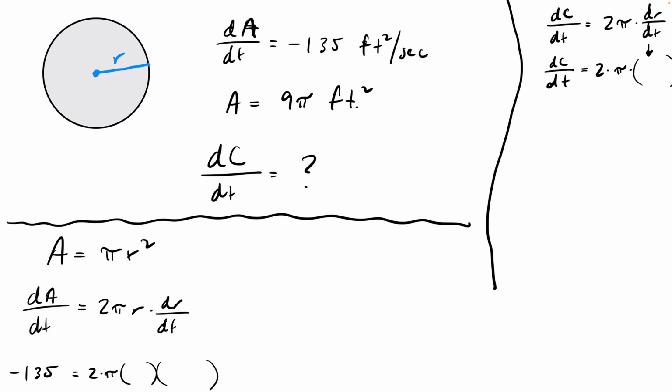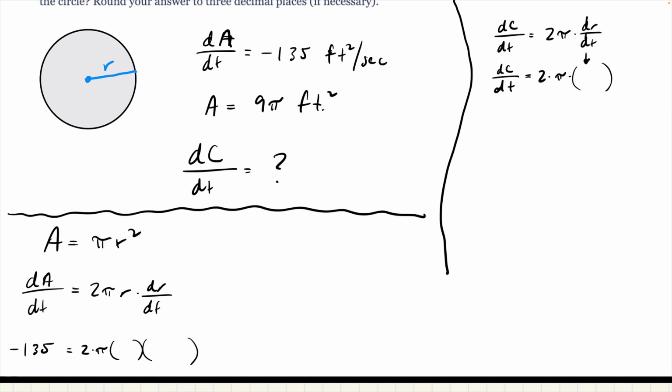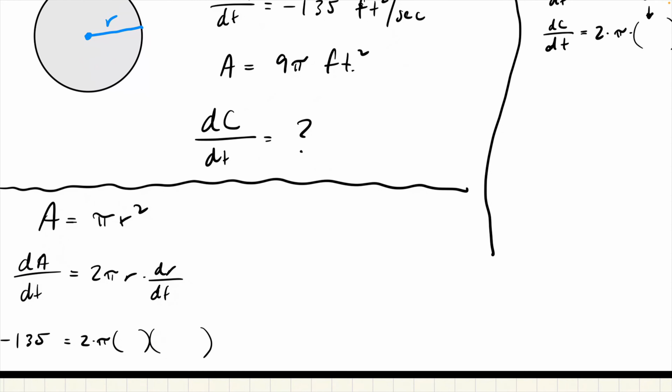I know what A is, right? Pi, is pi a variable? r is the only variable. If you only have one variable, you can solve for it. So 9 pi equals pi times r squared.